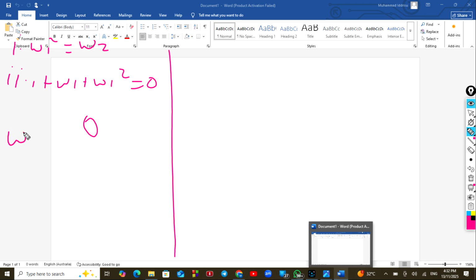Okay, so we know that since W is a root of unity, W to the power 3 is equal to 1. If W to the power 3 is equal to 1, we can write it in polar form, where W to the power 3 will be cos 0 plus i sin 0.